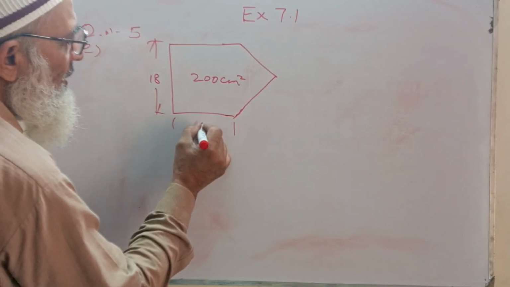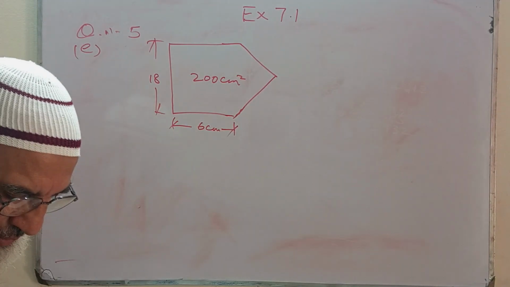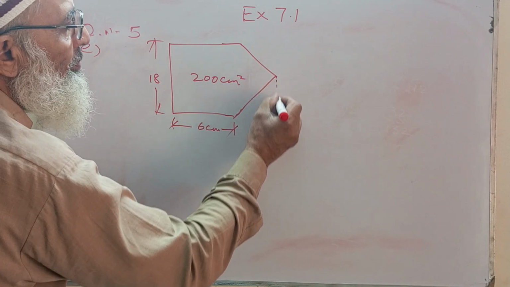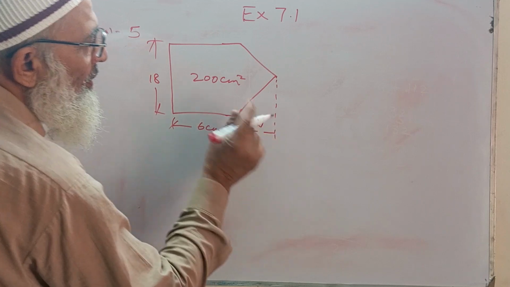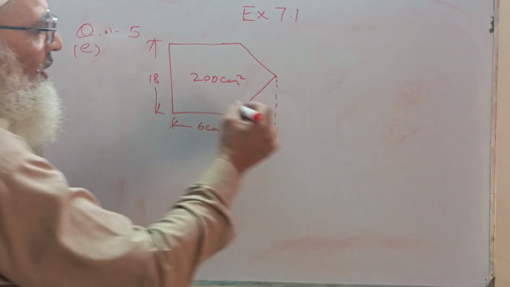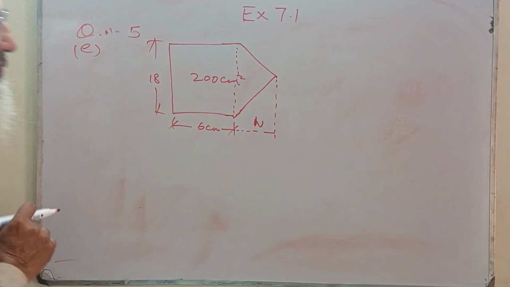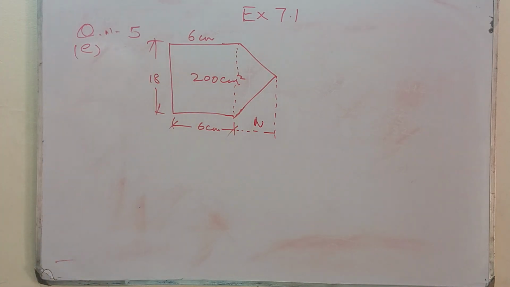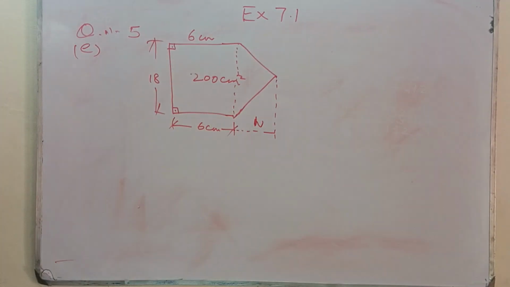This side is given as 6 centimeter. I have to find the h over here, only this h from here to here. This is also given as 6 centimeter. The sides are equal, and there is also the sign of perpendicular or right angle.